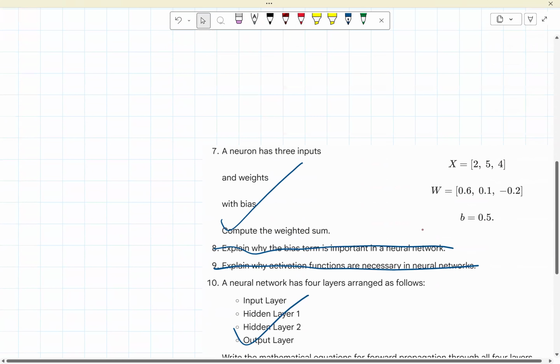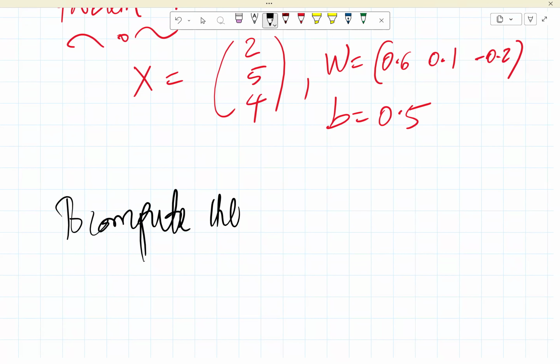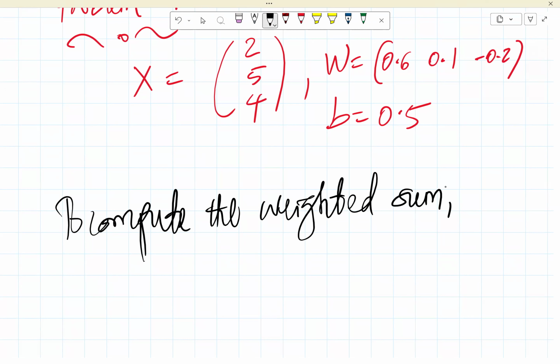So we want to compute the weighted sum. That will be Z, right? Z is equal to WX plus bias.